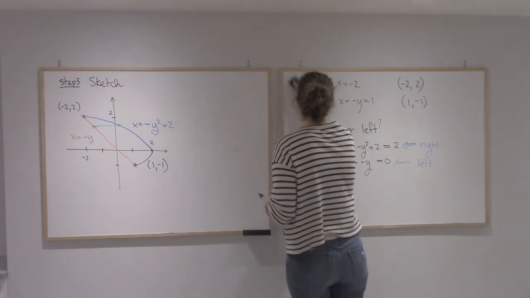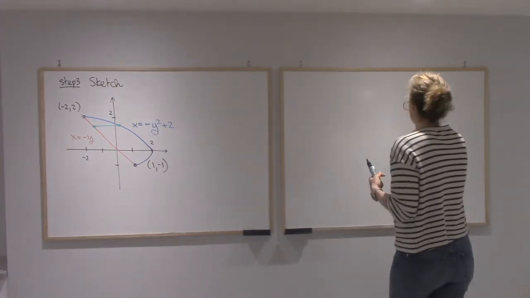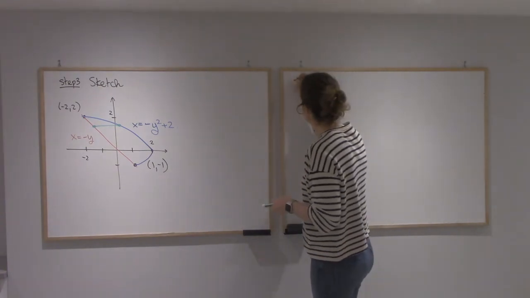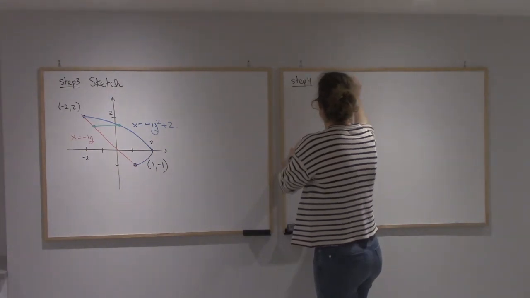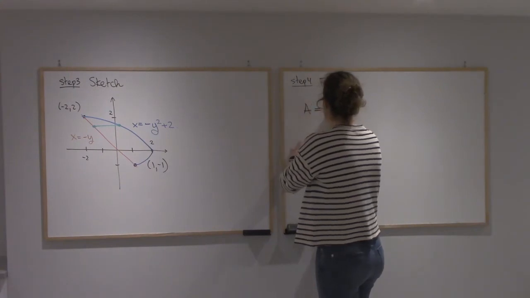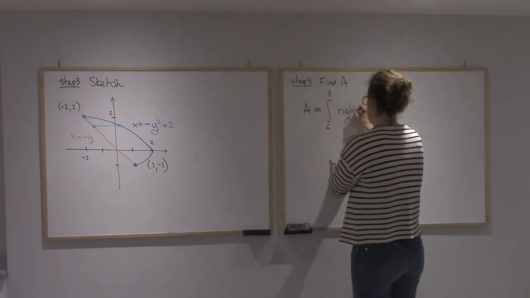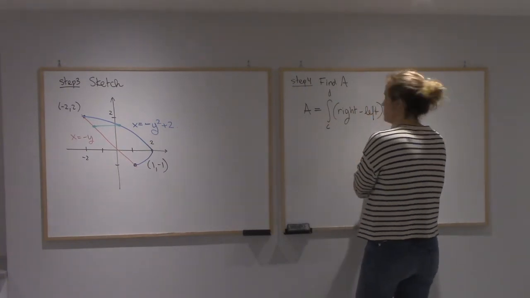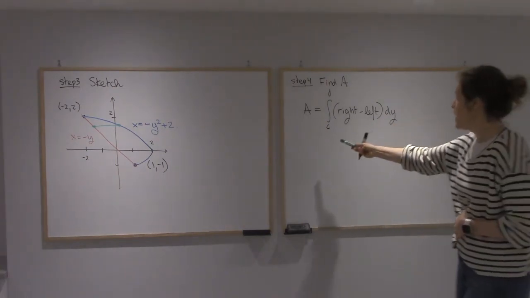That means that when I set it up, because I'm using horizontal slice, I'm using right minus left.